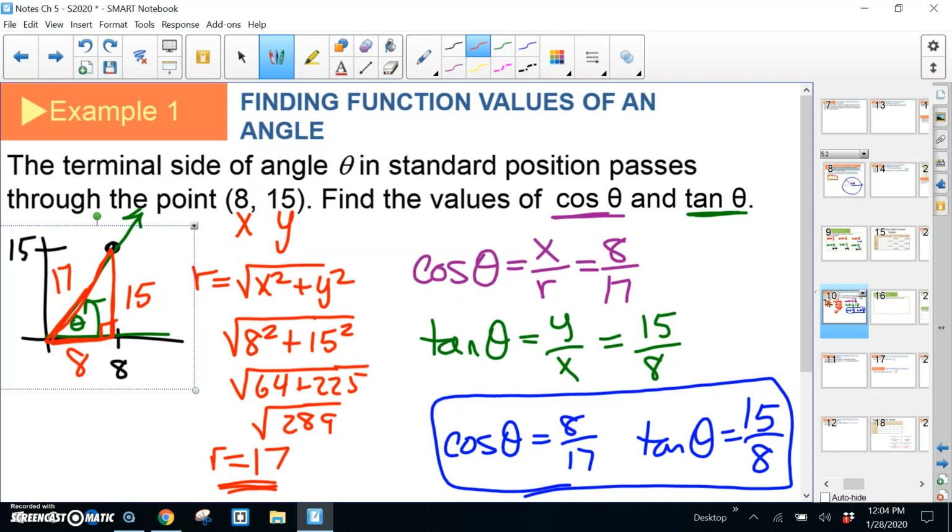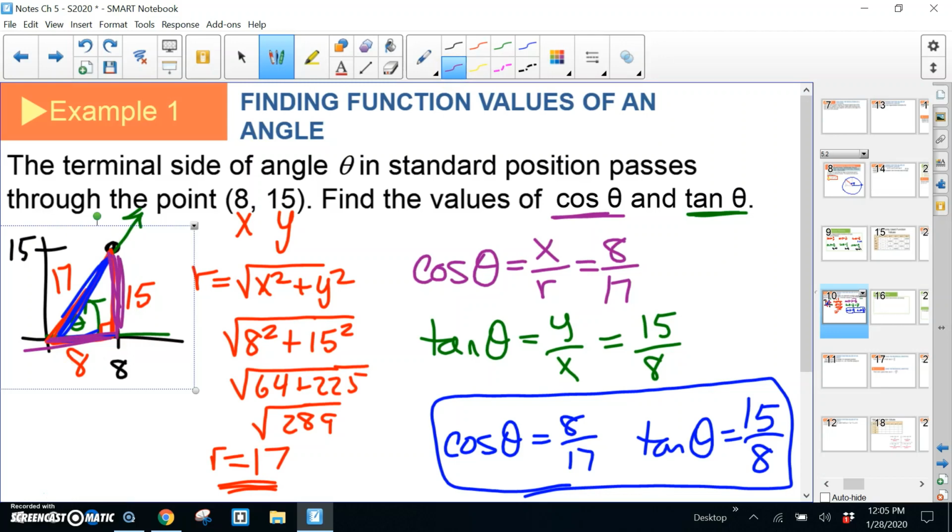So all we are doing for trig here is we're looking at a ratio of 2 sides. Which 2 sides? Well, it depends on which trig function. The cosine ratio defines the x side over the r side. If I was looking at the tangent ratio, it would be the y side over the x side.